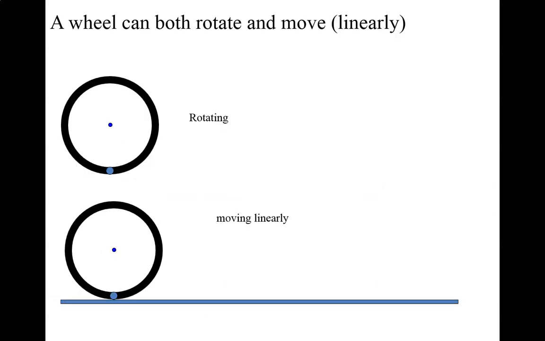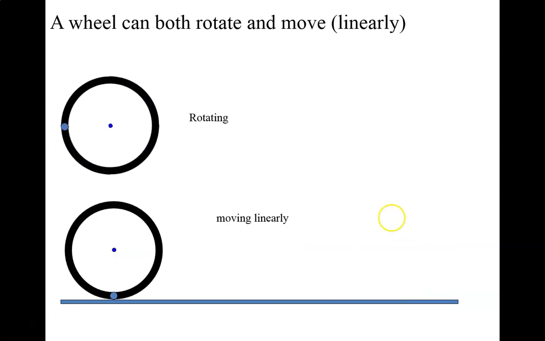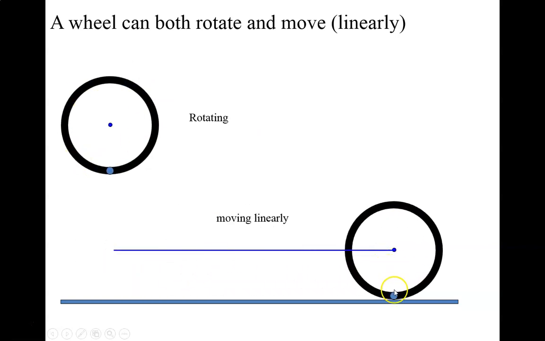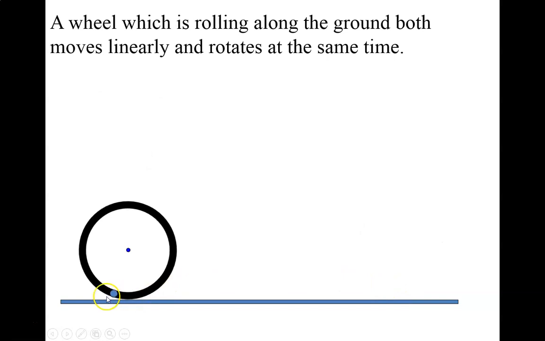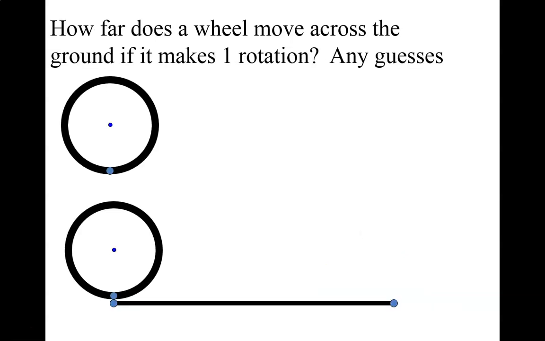When an object like a wheel is rolling along the road, it's doing both types of motion at the same time. It's rotating around and it's moving linearly. So we can talk about linear motion and rotational motion all at once.